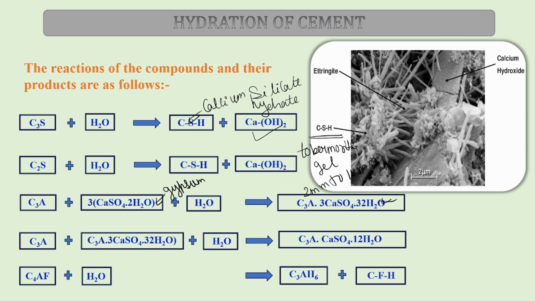This is called ettringite. Here also you can find the picture of ettringite. Now, when this ettringite reacts with C3A again, it forms monosulfates.